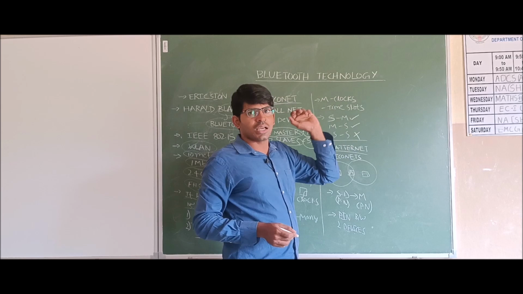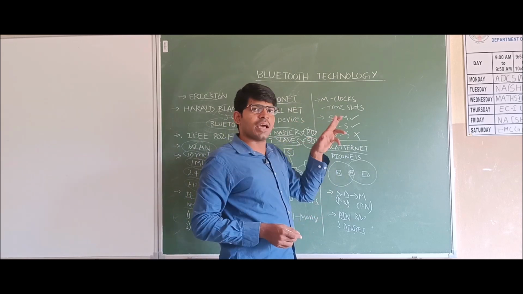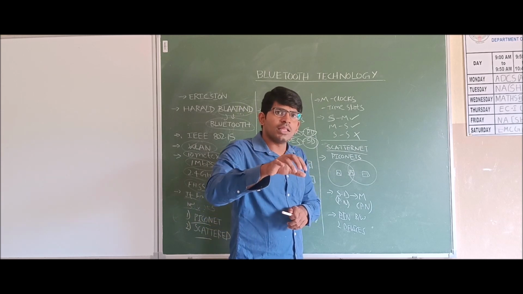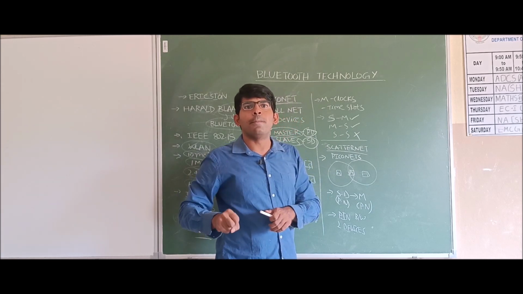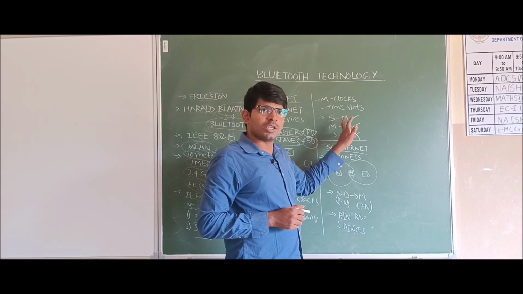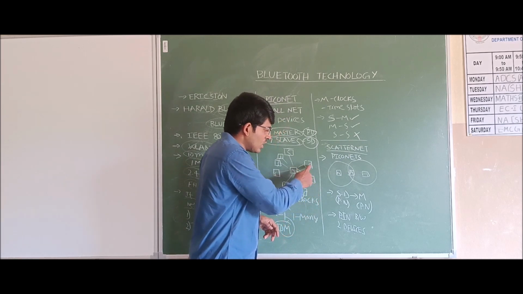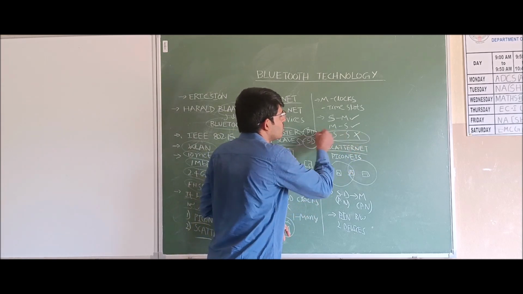All the clocks of the secondary devices and the time slots are controlled by the master. Slave to master and master to slave communication is possible, but slave to slave communication is not possible.